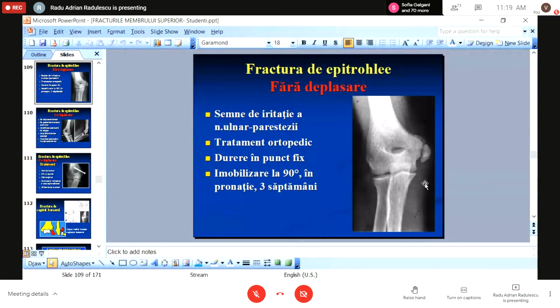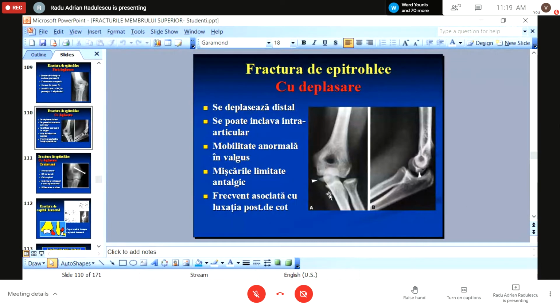So that's the maneuver through which we can diagnose the lesions at the level of the ulnar nerve. Also, the patient, of course, will have pain at the level of the medial epicondyle.